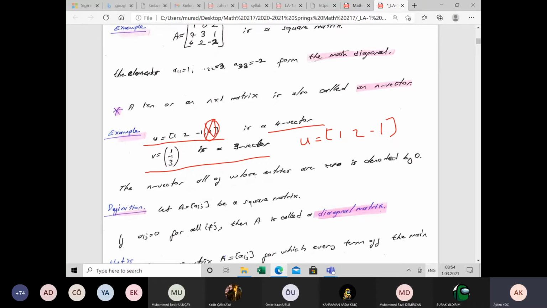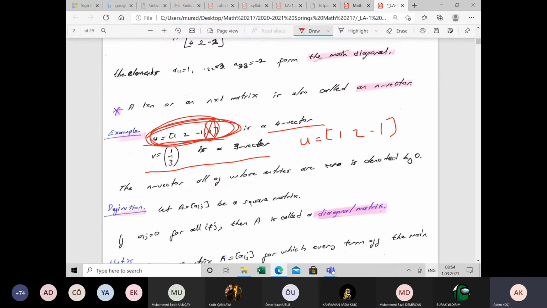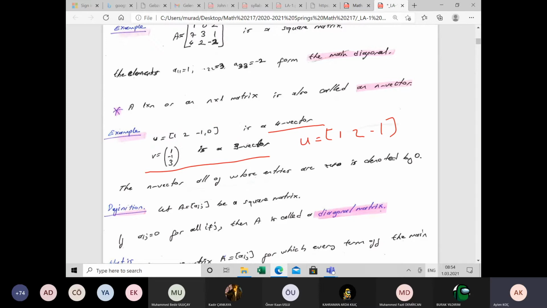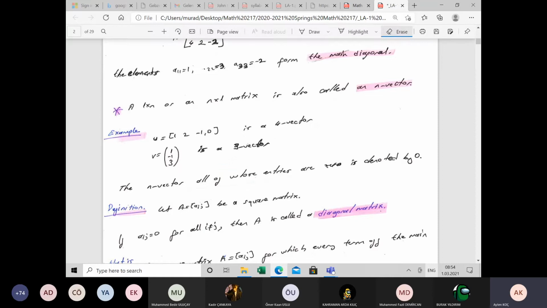This is not true, because the dimension is 3 and it contains 3 columns, but the matrix contains 4 columns. Don't ignore the zero entries. You have to write them, because dimension is important for matrices.